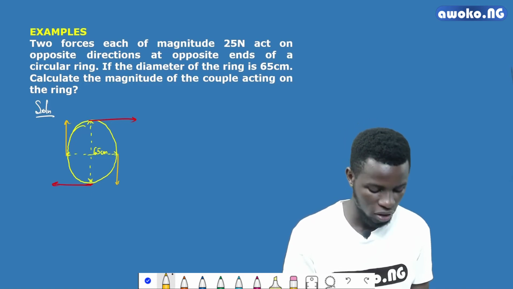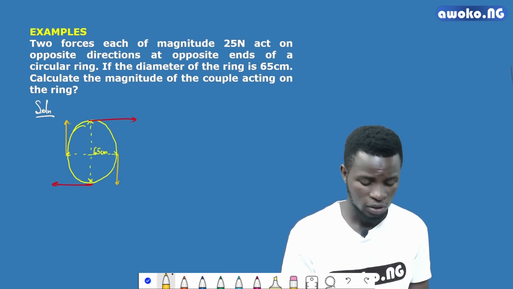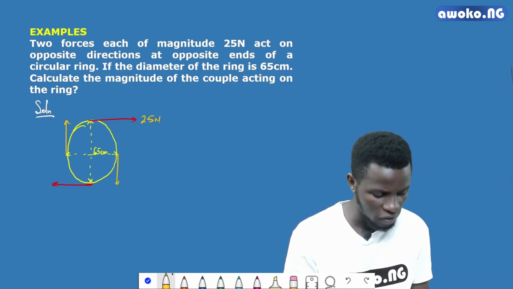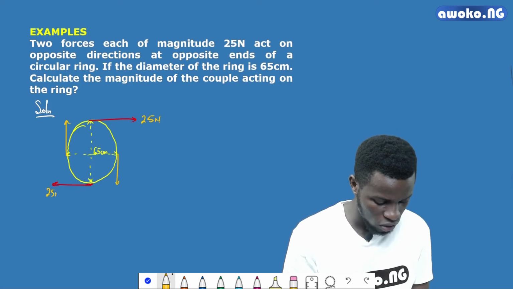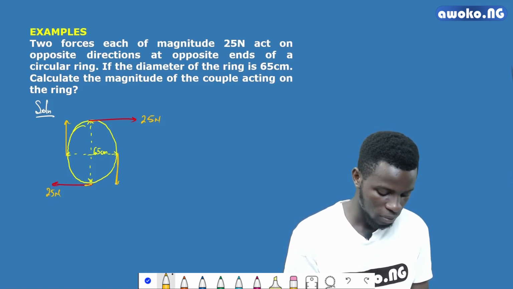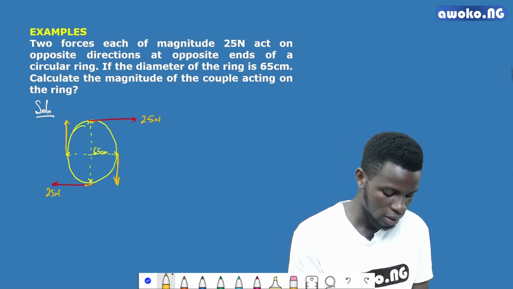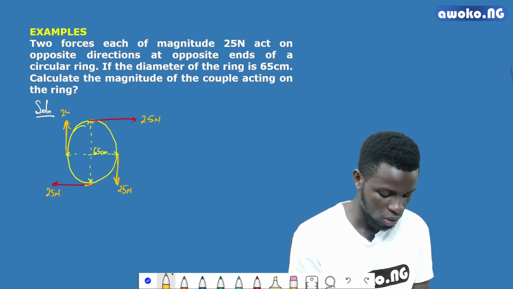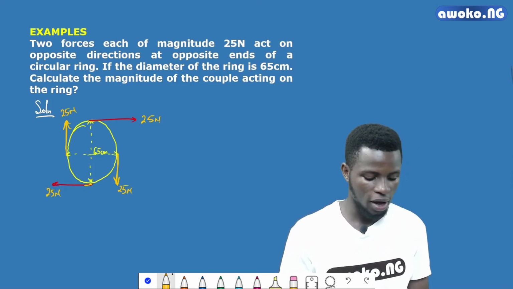Whichever direction you want to take, you're free. We said that the force is 25 Newton. So 25 Newton acting here, 25 Newton acting here, if you are considering these points. But if you are considering this other pair of points, then 25 Newton will be here and 25 Newton will be here as well.